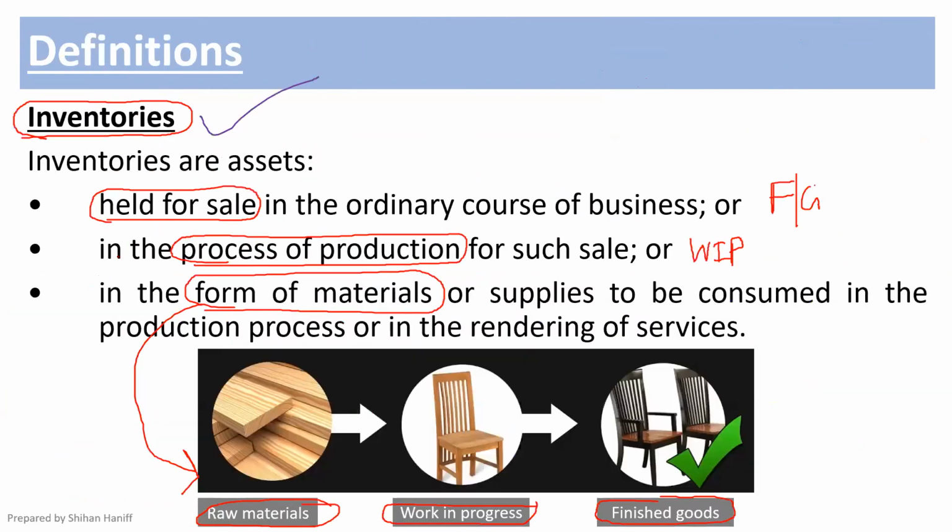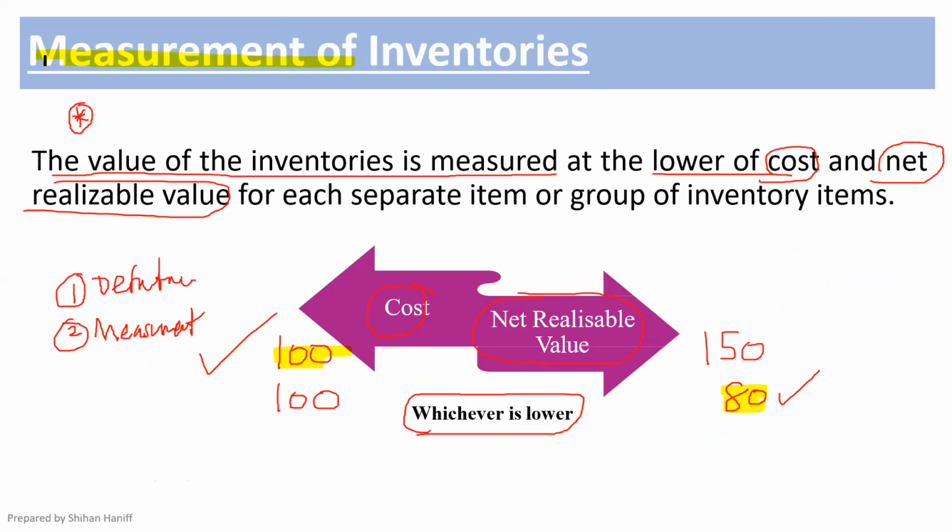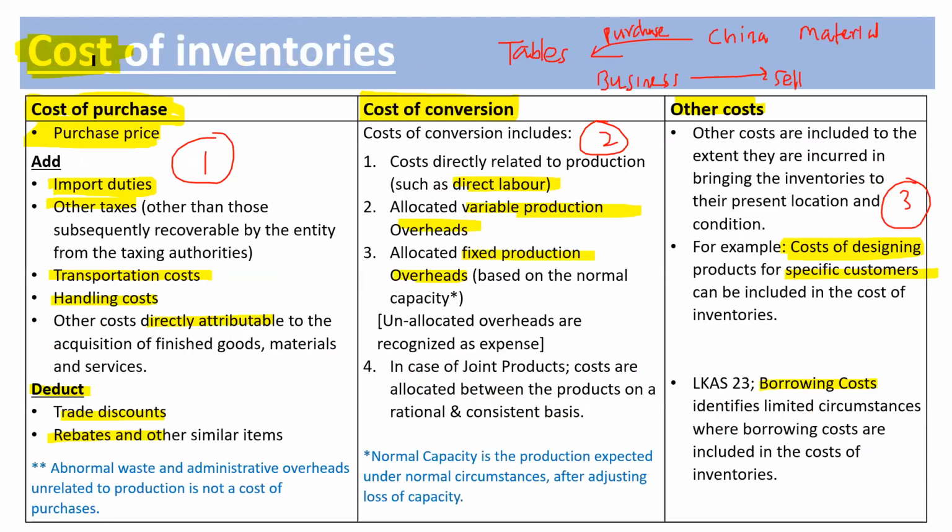I'll go through again. We discussed the definition. Right? What is meant by inventory? Then I was discussing what is NRV and what is meant by fair value. Then measurement, we measure the inventory at lower of cost and net realizable value. Then cost of inventories. Right?